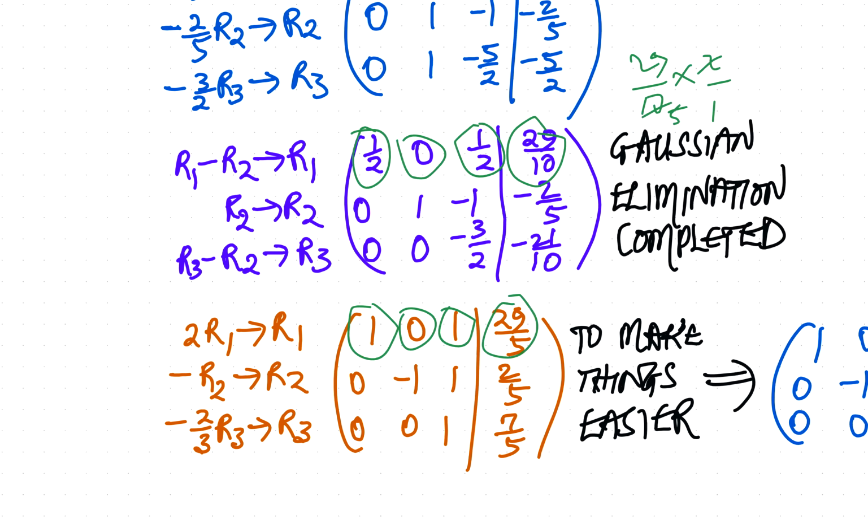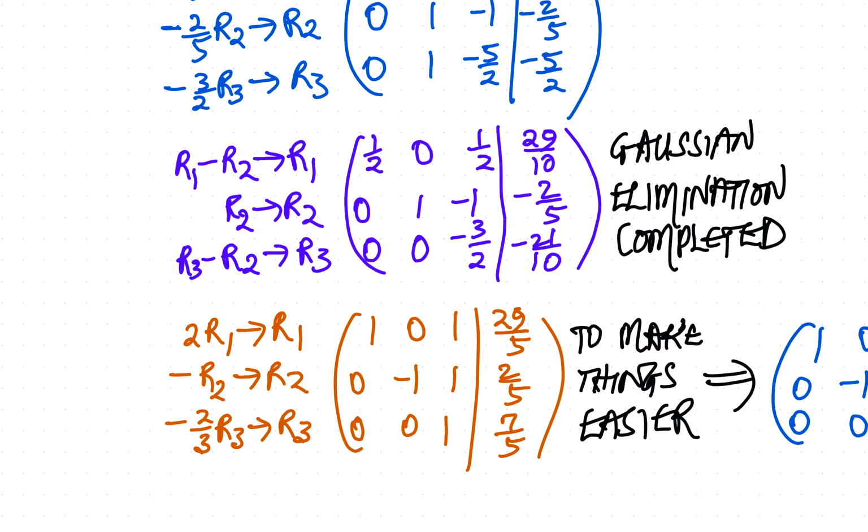Okay. Next, you have the negative of old row 2, which is now the new row 2, sorry. So minus of 0 is 0. Minus 1, that's minus 1. Minus 1, that's plus 1. The minus 2 over 5, you have 2 over 5. So that takes care of row 2.